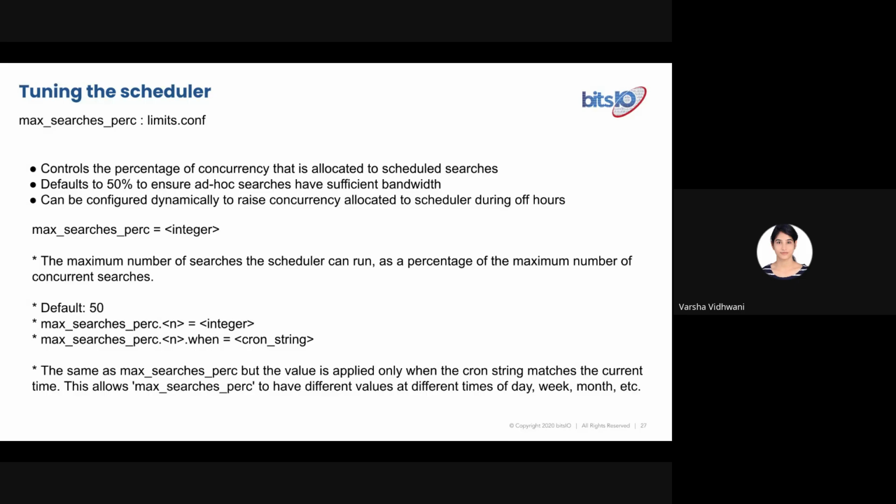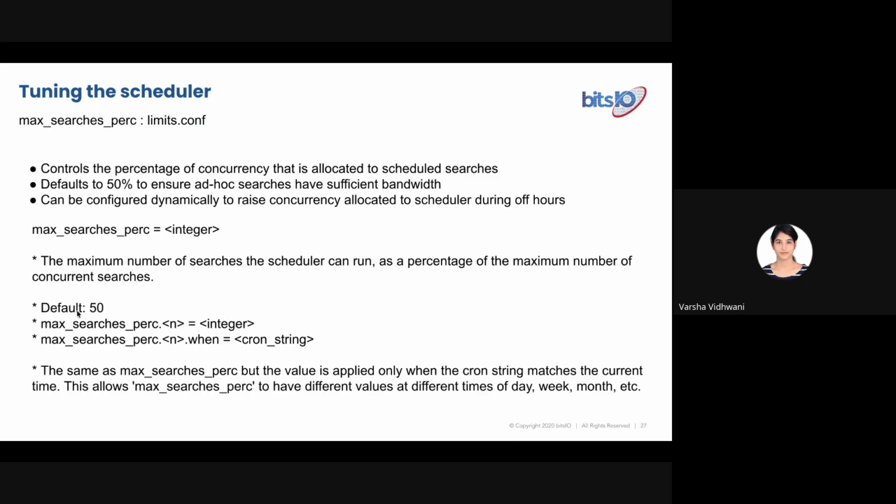The remaining are kept free for accelerated searches and ad hoc searches, ensuring that users running manual queries don't experience slowdowns. One of the advantages of this setting is that it can be adjusted dynamically. For example, during off hours, like late at night, you can increase this percentage to allow more scheduled reports and alerts to run without competing with interactive user activity, depending on the business hours.